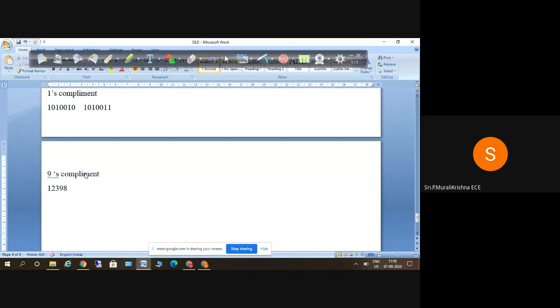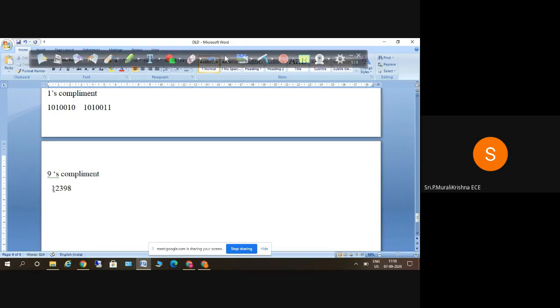Earlier, in case of 1's complement, I subtracted each and every given number from 1. In case of the 9's complement, each and every digit is subtracted from 9.